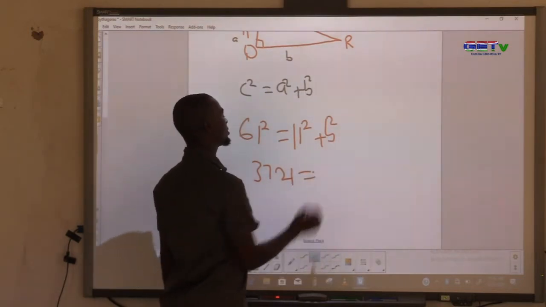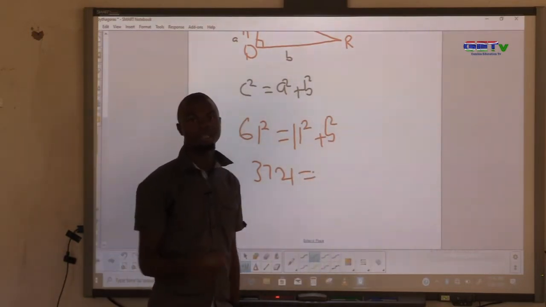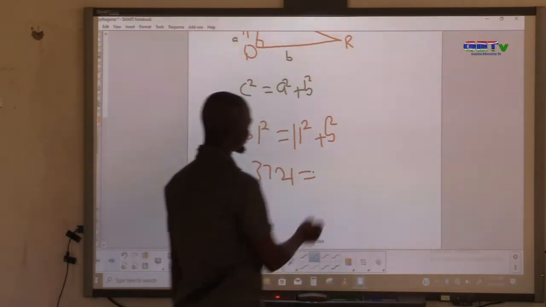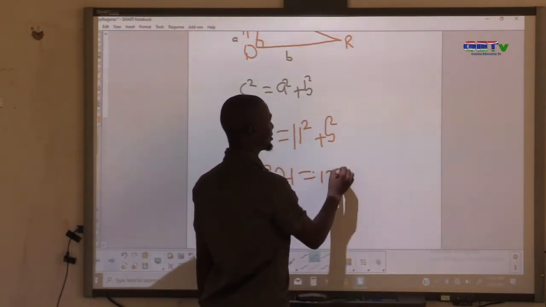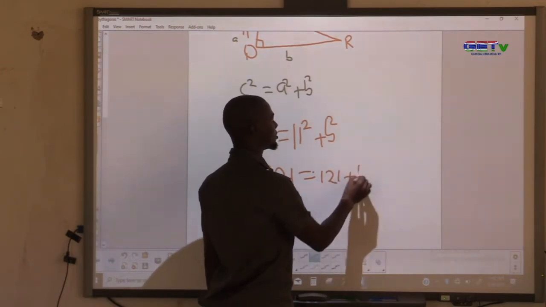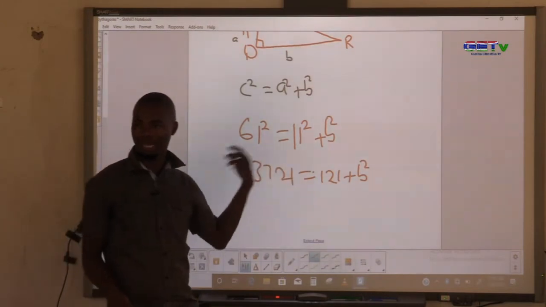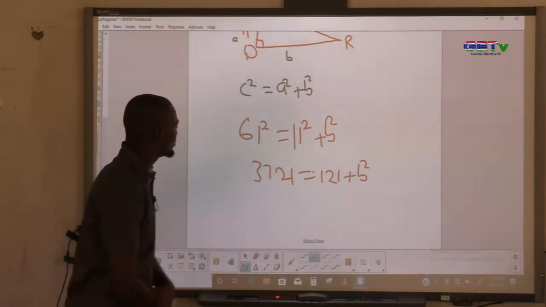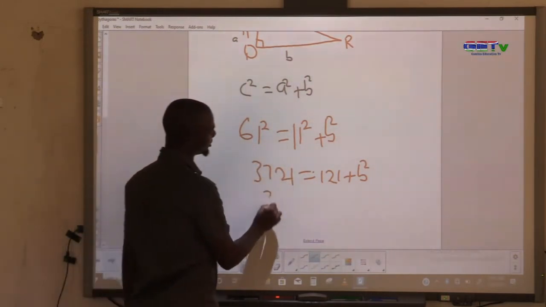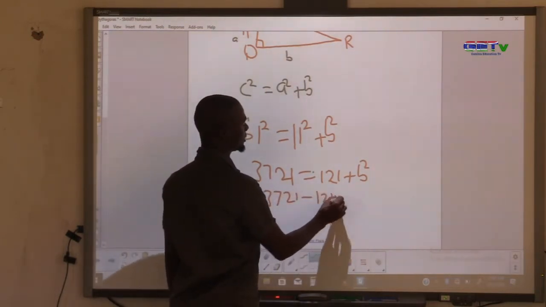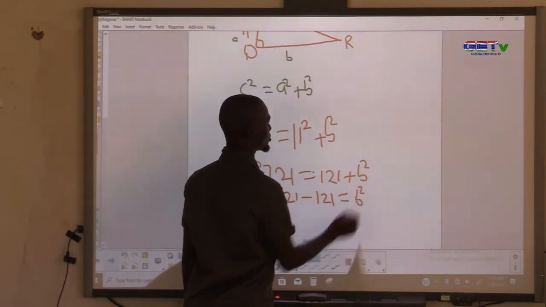This is equals to 11 square. 11 square, if we calculate, we will have it as 121 plus B square. We collect like terms. So we will have 3,721 minus 121, which is going to give us B square.